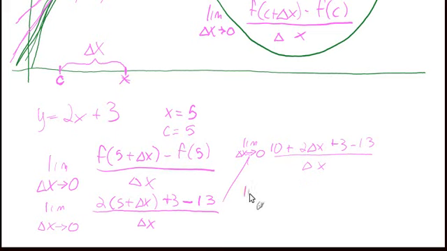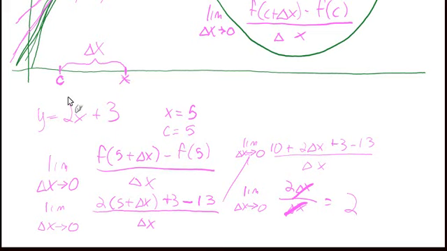So really what we have is the limit as delta x approaches 0 of 2 delta x over delta x. And look at that, the delta x's, it is a value, it's just one we don't have a number for, but they're going to cancel each other out. So what we're left with is, put 0 in for delta x, which there aren't anymore, and you have 2. So we're saying that 2 is the slope of the tangent line at 5.